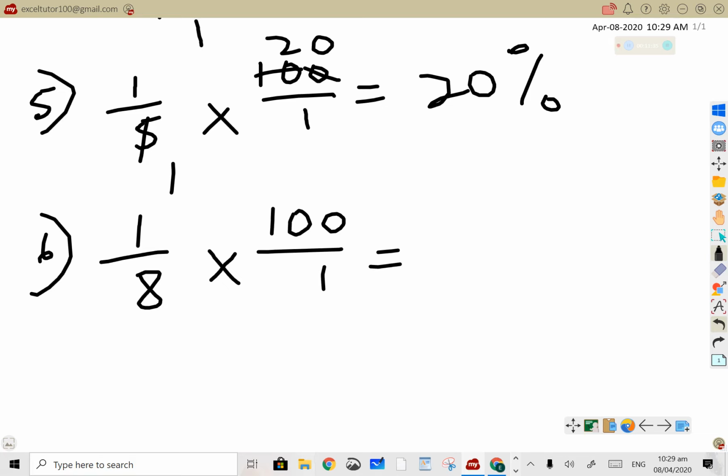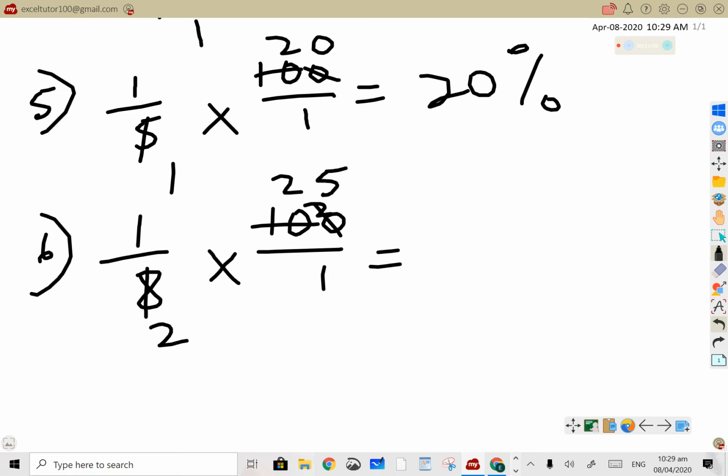Now this one is a little bit strange because 8 cannot really go into 100 just like that. So we'll try a smaller number. We know that 4 could go into 8 2 times, and 4 could go into 10 2 times with a remainder of 2, and then 4 could go into that 25 times.